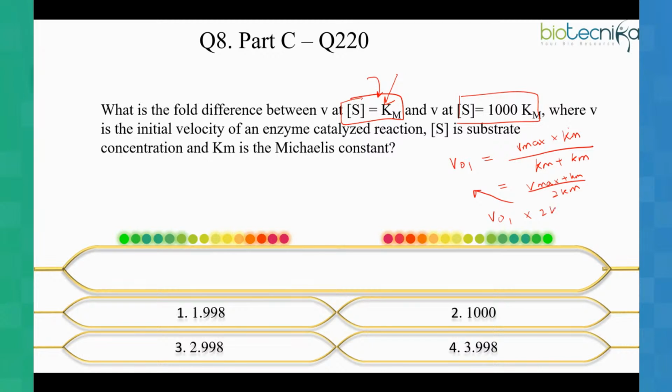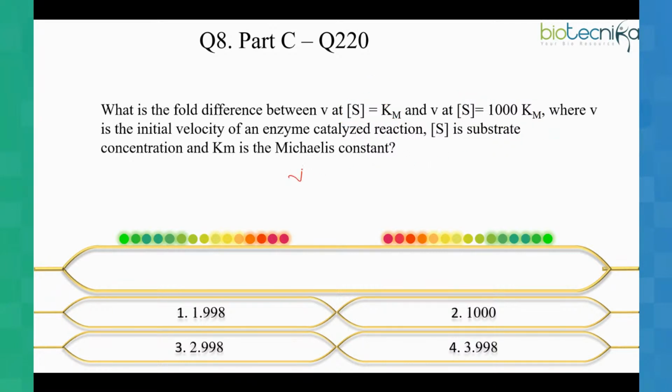Here Km gets cancelled, so you take the 2 over to the other side. Or else you can simply write V01 is equal to Vmax by 2. This is your first one. Now, what is your second one?